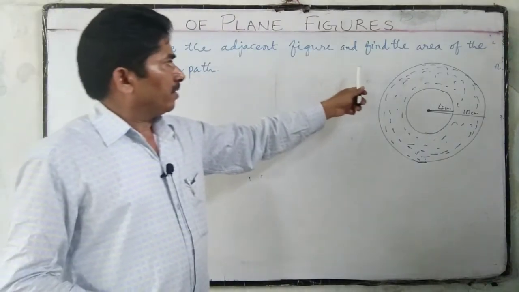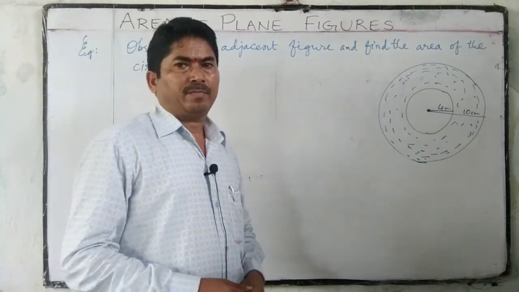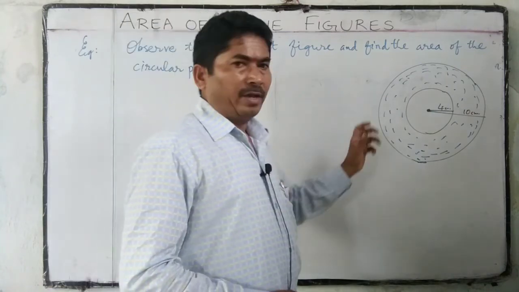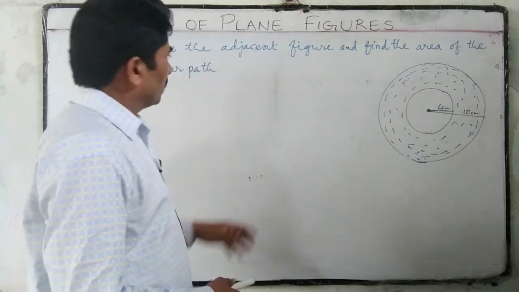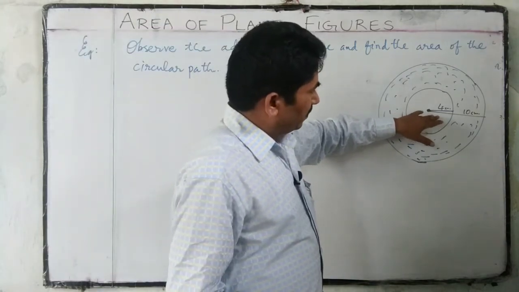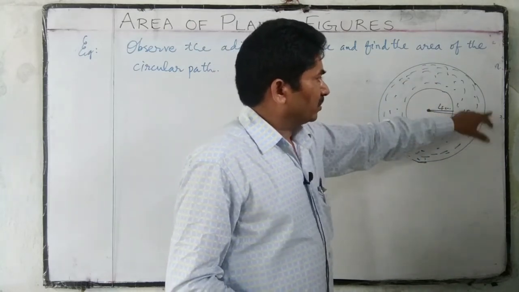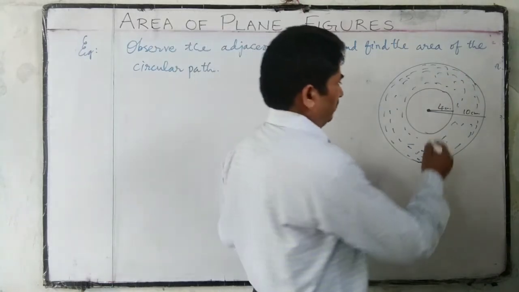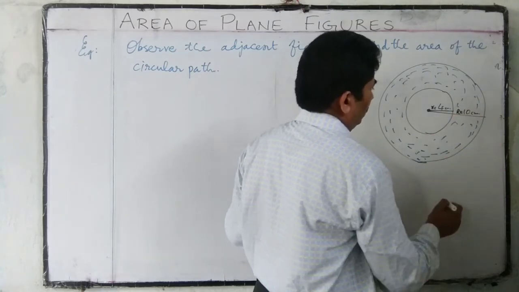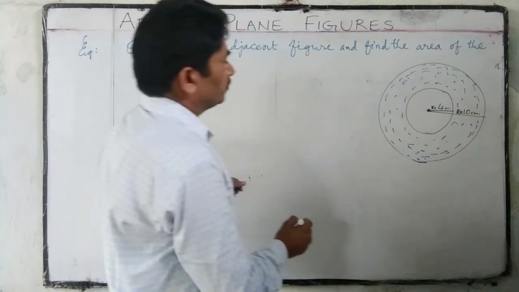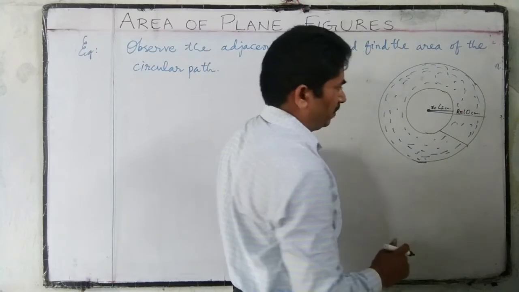Observe the adjacent figure and find the area of the circular path. Here we have a figure. To understand area of circular path formula, let us solve an example. The length of radius of inner circle is 4 centimeters. Radius of outer circle is 10 centimeters. This is small r, this is capital R. We can call this the width of the circular path.